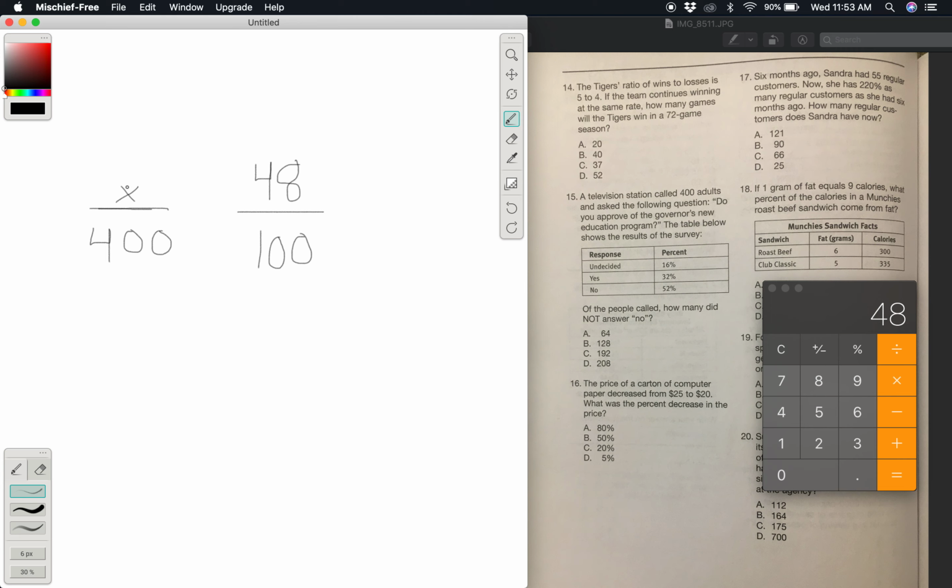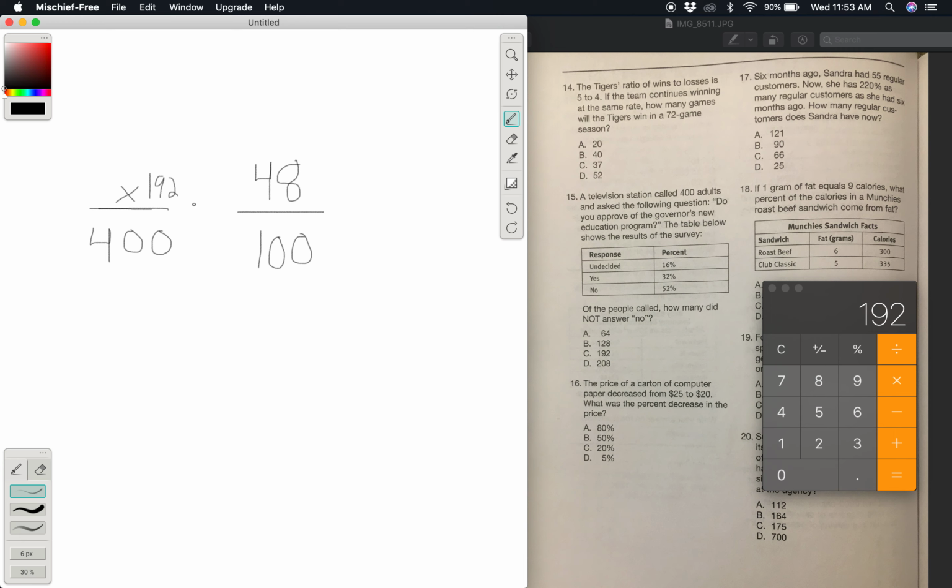So then we multiply diagonally towards the missing variable side, so 48 times 400 divided by 100 equals 192. So your answer is C there.